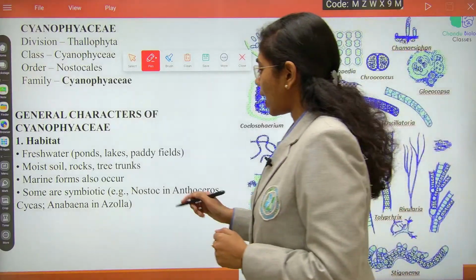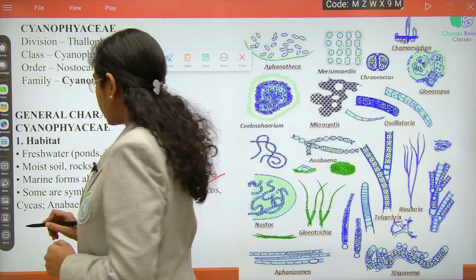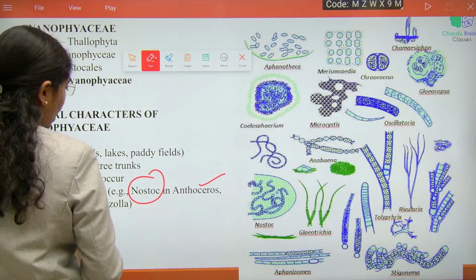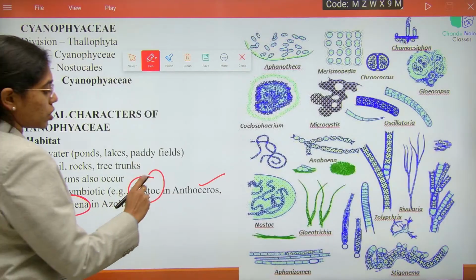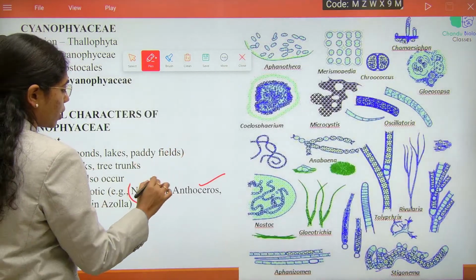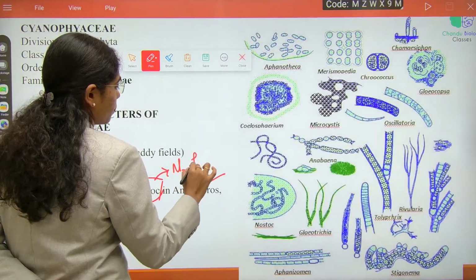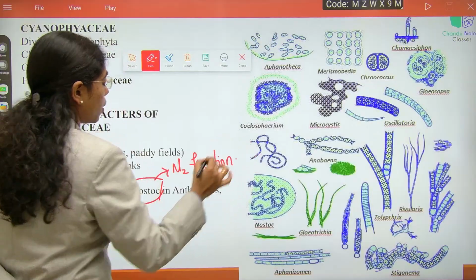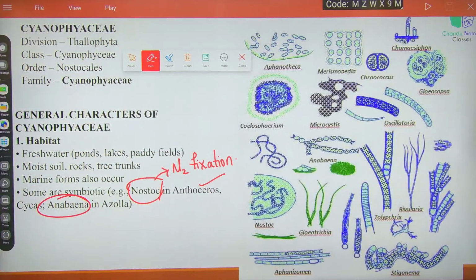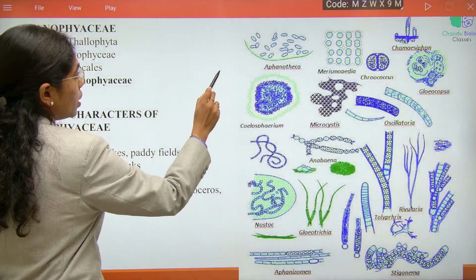For example, Nostoc in Anthoceros and Cycas, Anabaena in Azolla. The main purpose of this symbiotic association is nitrogen fixation. Clear, right?